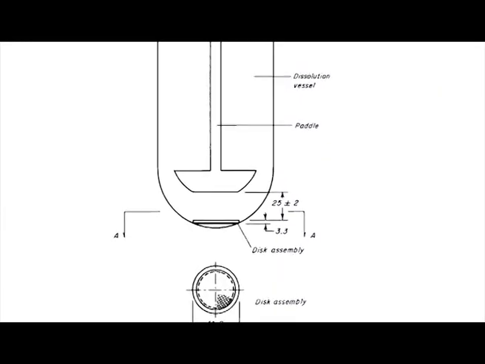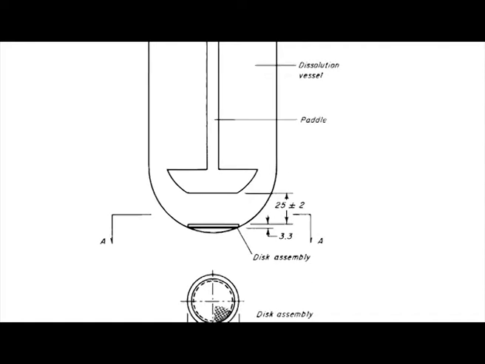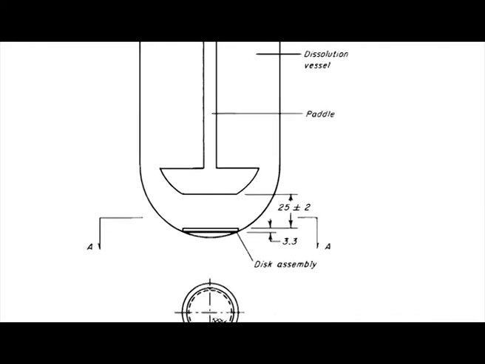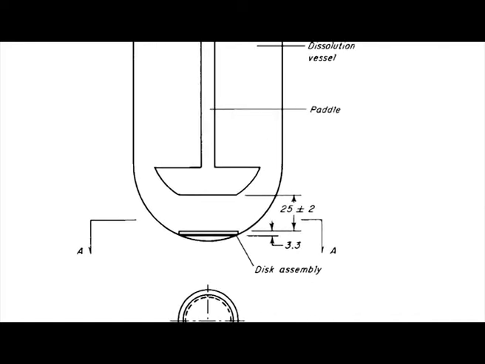Apparatus 5, paddle over disc. The paddle over disc apparatus has a paddle and vessel assembly similar to apparatus 2, with an additional stainless steel disc assembly specially designed to hold the transdermal system at the bottom of the vessel. Apparatus 6, cylinder.